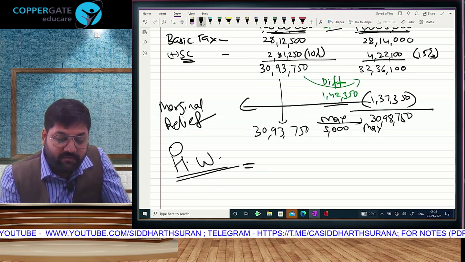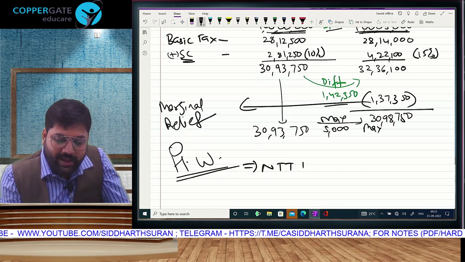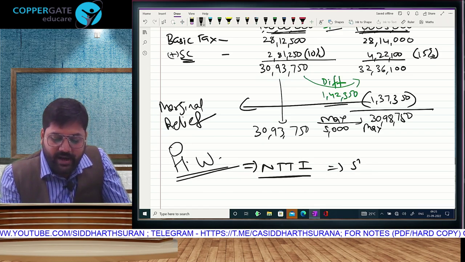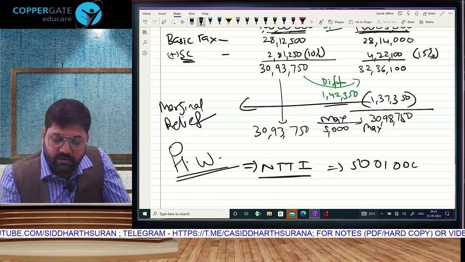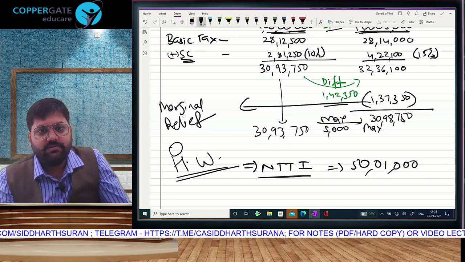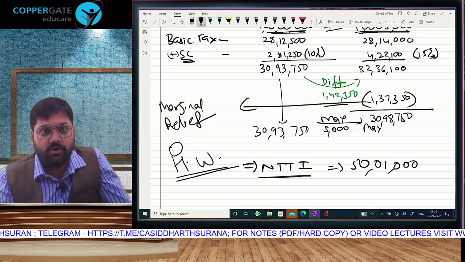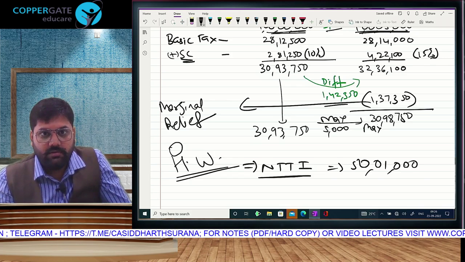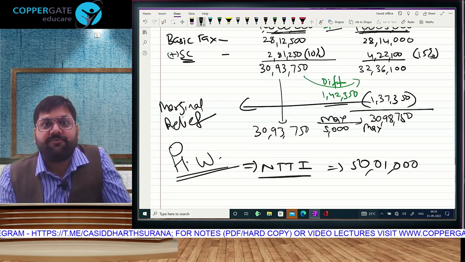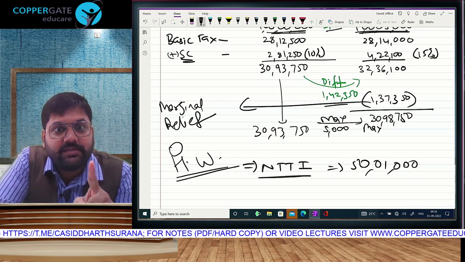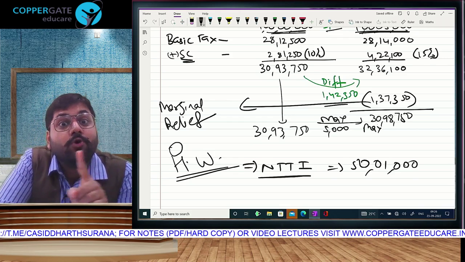In writing I want you to calculate tax on net taxable income of 50 lakh and 1,000. I'll also explain how you will do that. Take an assessee whose income is exact 50 lakh. Will calculate basic tax? No surcharge.